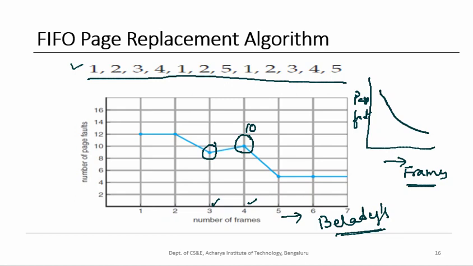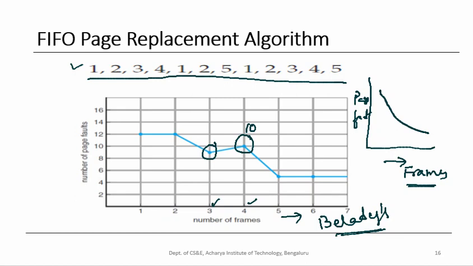So this is called Belady's anomaly. This is against the normal thing, which says as the number of frames increases, the page faults should come down. This is an issue associated with the first in first out page replacement algorithm.